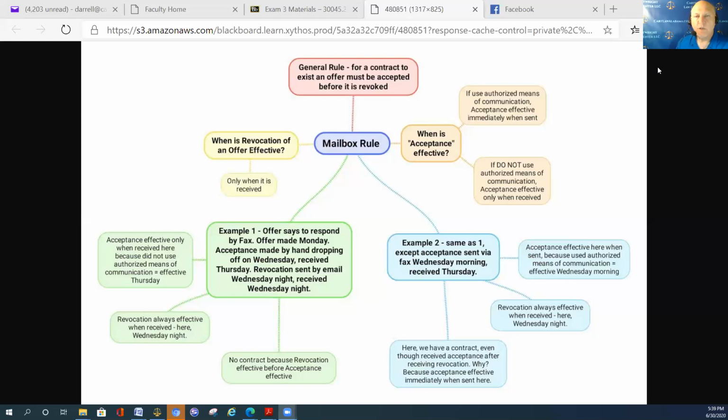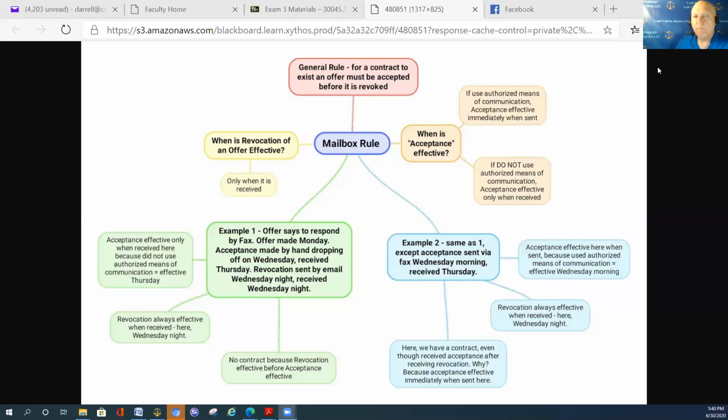In general, you answer the hypotheticals by going through the facts and determining not just when something happened, but when it's effective. That's the part that's really important.